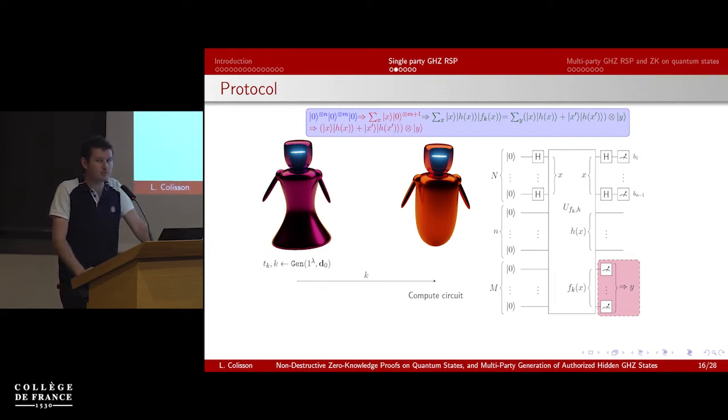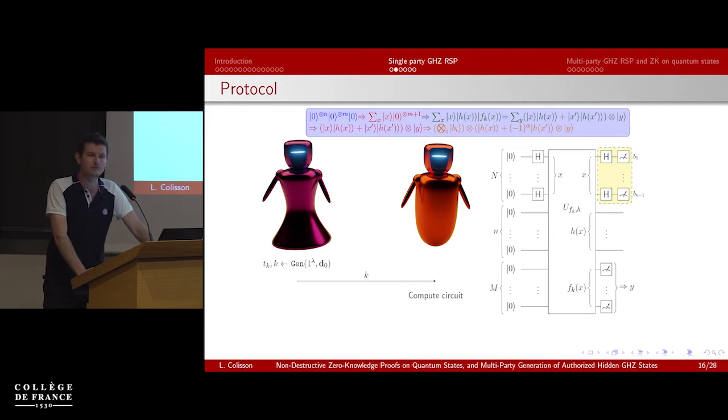At that step we already have something interesting: the server Bob does not know the trapdoor t_k, so he cannot compute x and x prime. So the server has a state that he cannot describe. On the other side, Alice knows the description of that state: she can use the trapdoor, invert the y, and learn x and x prime. So we have a state that Alice can describe, but Bob cannot describe.